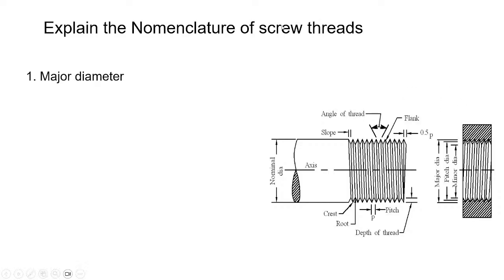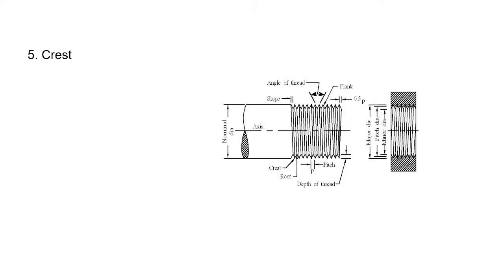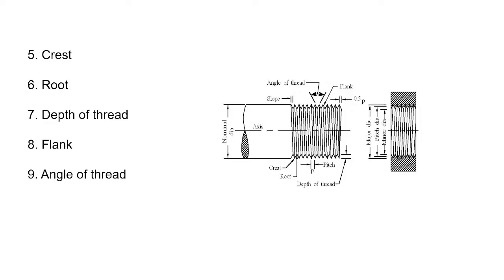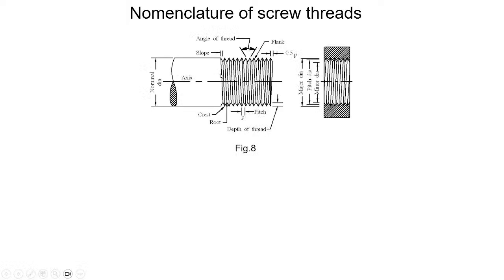So let's see the list of parameters. First we have major diameter, minor diameter, pitch, lead, crest, root, depth of the thread, flank, angle of thread, pitch diameter. Now let us see all of these parameters in detail.